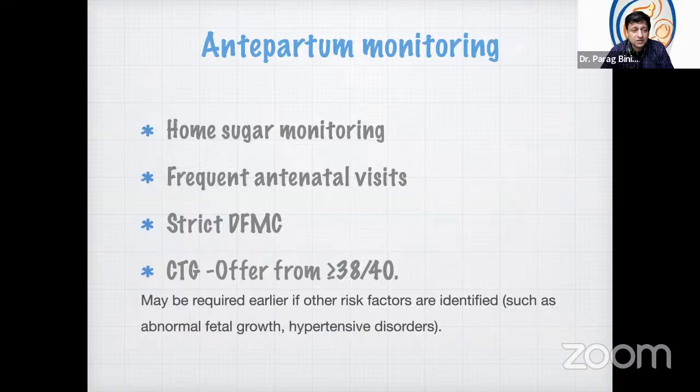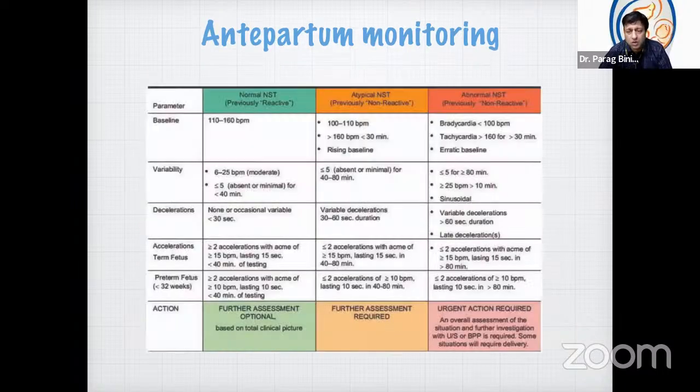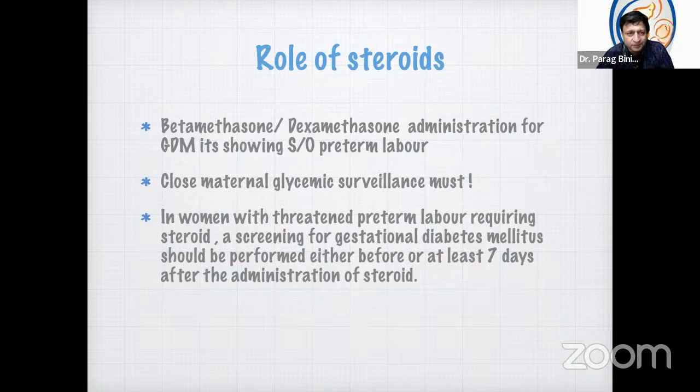Most of the guidelines talk about a CTG from 38 weeks onwards, but it may be required earlier if there are other risk factors, including abnormal fetal growth and hypertensive disorders of pregnancy, which are so commonly associated with hyperglycemia. This is one important chart we must keep in mind, and this has to be pasted in our OPD or in the labor room so that we know what action has to be taken and how urgently.